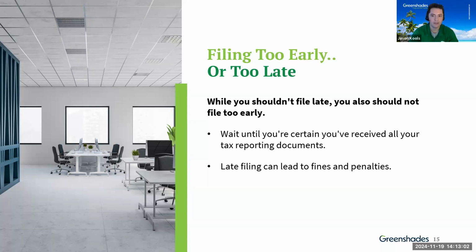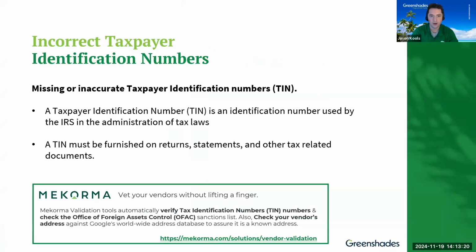Also with that, you just want to make sure that you wait until you have the latest version of your forms, so that the data leading up to your file submission is correct and compliant for submission. When it comes to incorrect taxpayer identification numbers, having incorrect or missing TIN numbers can cause serious delays.